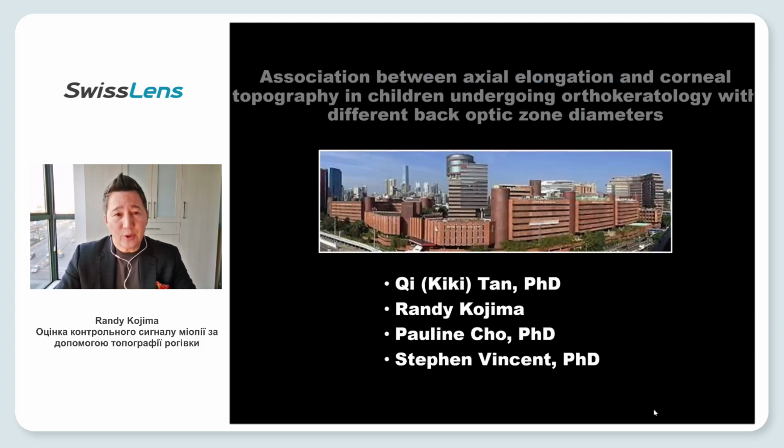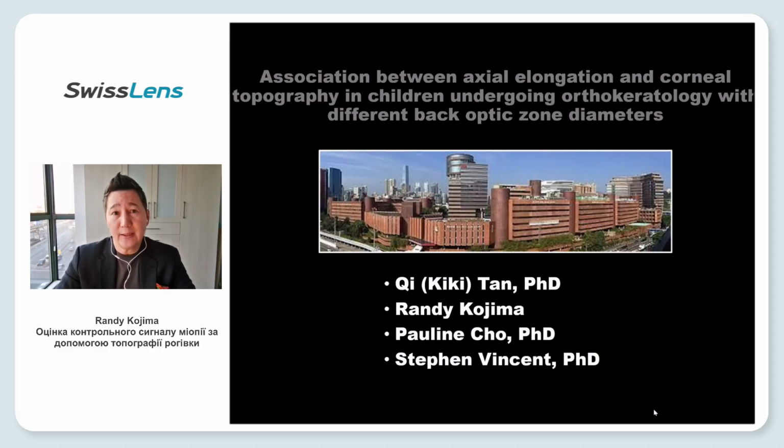So we went to colleagues at the Hong Kong Polytechnic in Hong Kong, names that you'll probably know, like Pauline Cho, who was the first researcher to tell us that orthokeratology lenses are effective in children in slowing down eye growth.